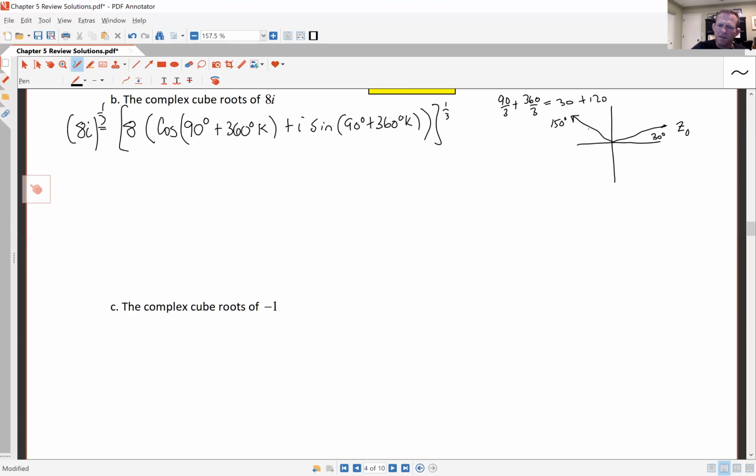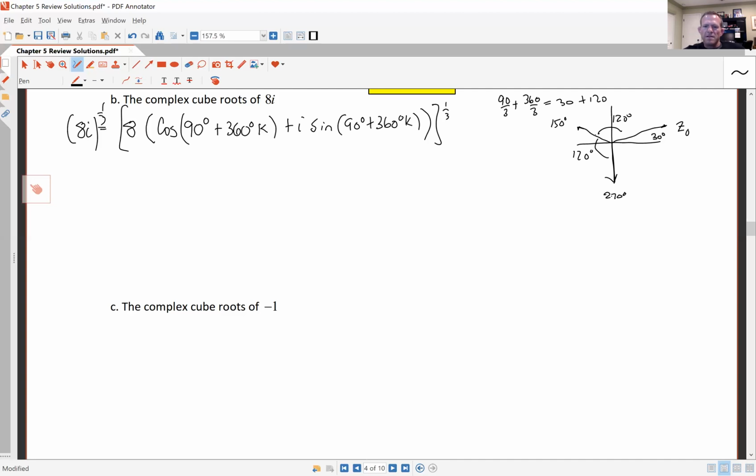And 150 plus 120 is 270. So let's make that picture look a little bit better so we have symmetry. So 30 plus 120 is 150. 150 plus 120 is 270.